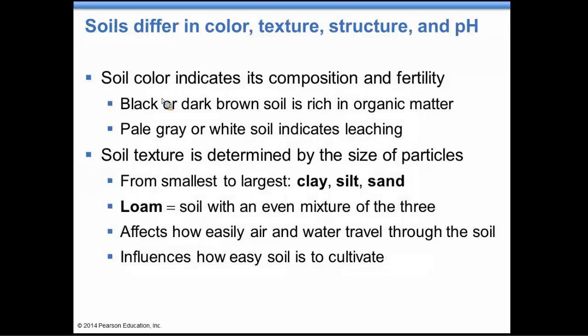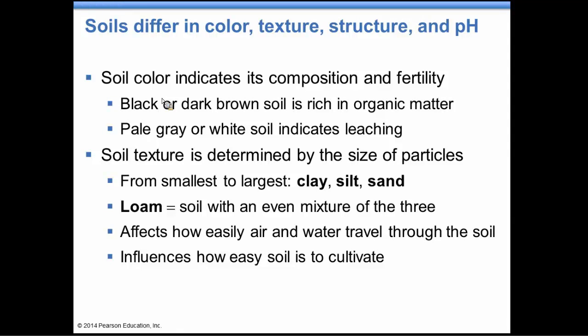So soils are very different among themselves. They differ in color, texture, structure, and pH. Soil scientists classify soils, and farmers judge their quality for farming based largely on properties such as color, texture, structure, and pH. To a scientist or a farmer, the color of a soil can indicate its composition and fertility.